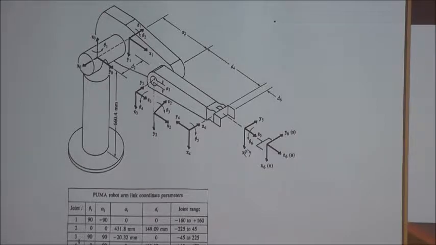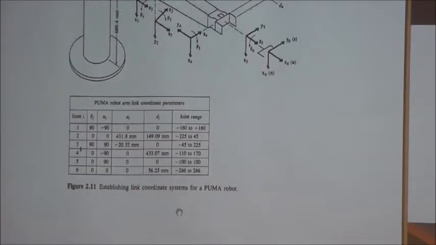It's the one which is attached to the object you're trying to handle. Imagine that I am a 6 degree of freedom robot, and this is an object in the 3D space. The 6, x, y, and z, is sitting on this object. Up to here is number 5. So here is the robot arm coordinate parameter. This is the table I mentioned last time that it comes with the robot.